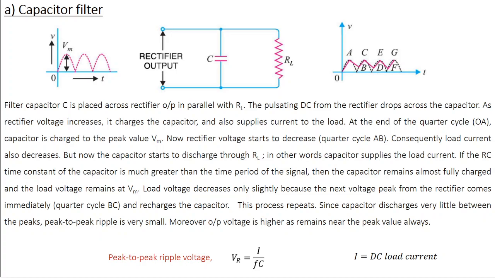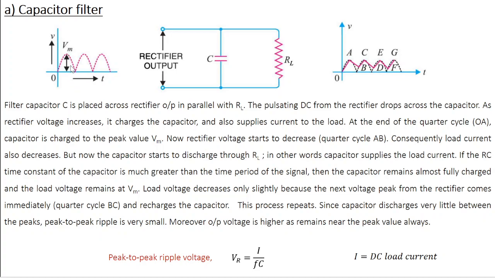Now, during the first quarter cycle OA, you can see that the rectifier voltage increases, right? When voltage increases, it charges the capacitor. Also, it supplies current to the load. At the end of the quarter cycle OA, the capacitor is charged to the peak value Vm.